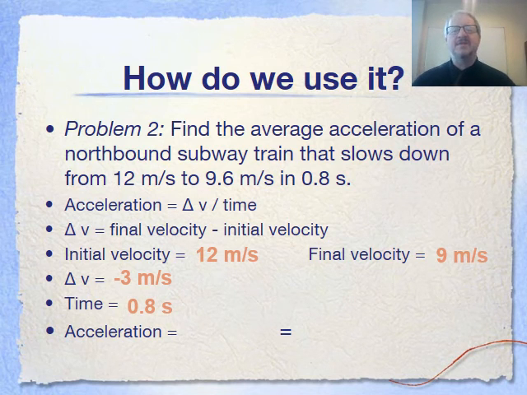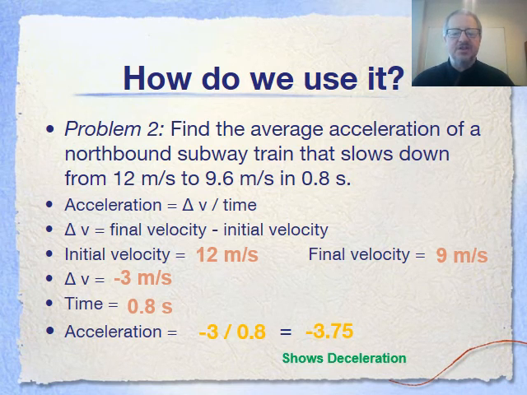Of course, our time is given to us. It's 0.8 seconds. We just plug that in. And then we plug these into our equation. So -3 divided by 0.8 equals -3.75 meters per second. So this shows deceleration. So I don't have meters per second in there, but that should be in there.